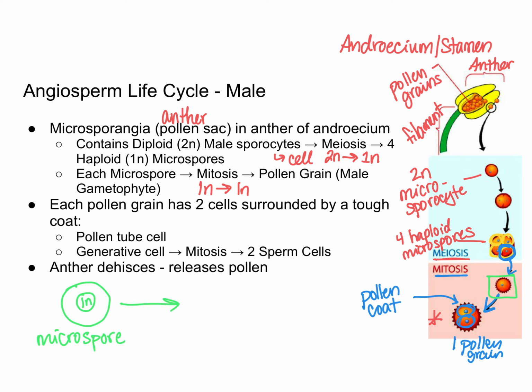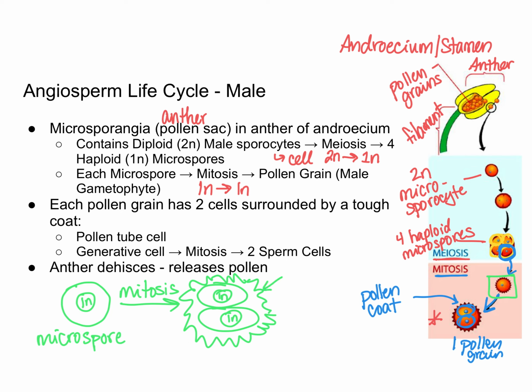And it is going to go through mitosis to form two cells, each with their own haploid nucleus in it. Now these two cells are going to be surrounded by a pollen coat which helps to protect the cells inside.